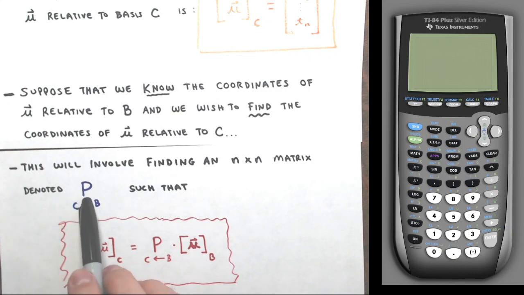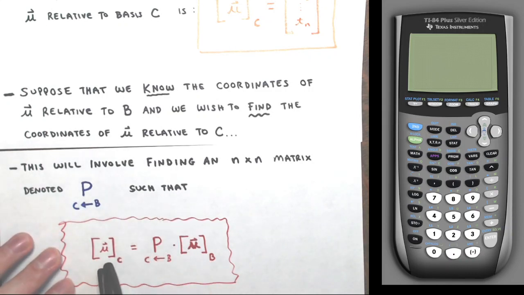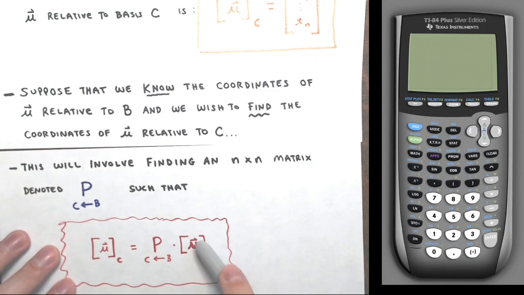This is an n by n matrix such that the coordinate vector for u relative to basis C will be equal to this matrix times the coordinate vector for u relative to basis B. Right? So I know this, and I'm going to know this, and that'll help me solve for, find these coordinates with respect to C that I wish to find.